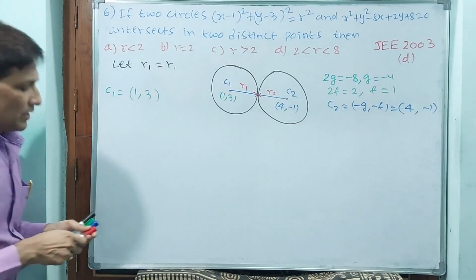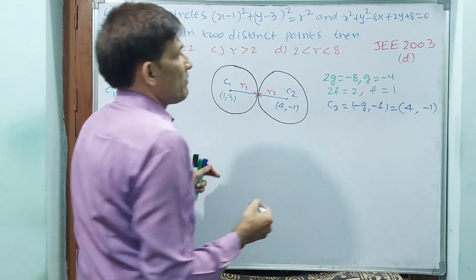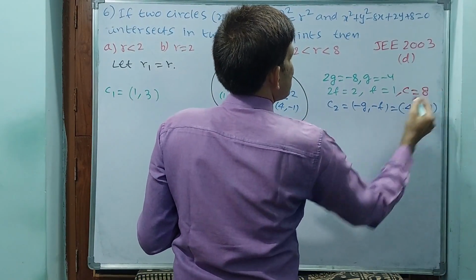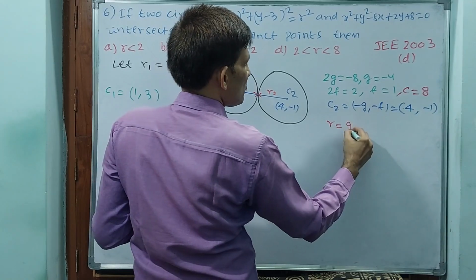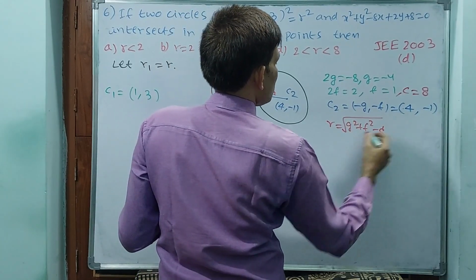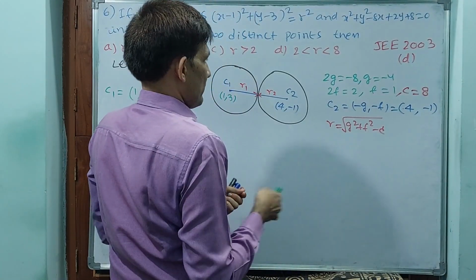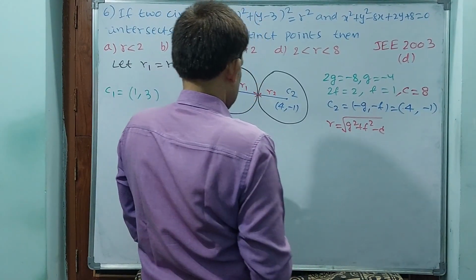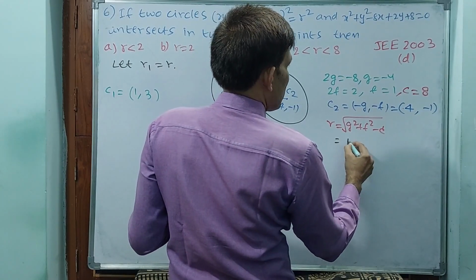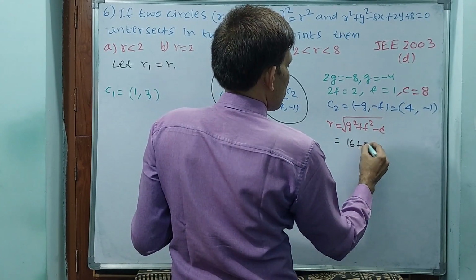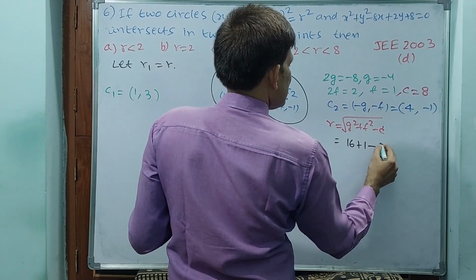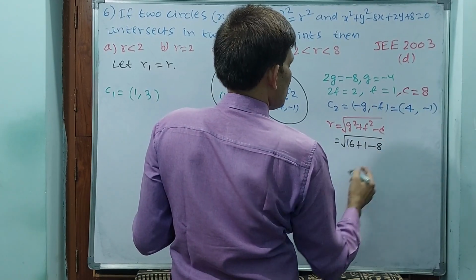Here the radius you can find. Before that, first write c is equal to 8. The radius is the square root of g² + f² - c, that is the square root of 16 + 1 - 8.